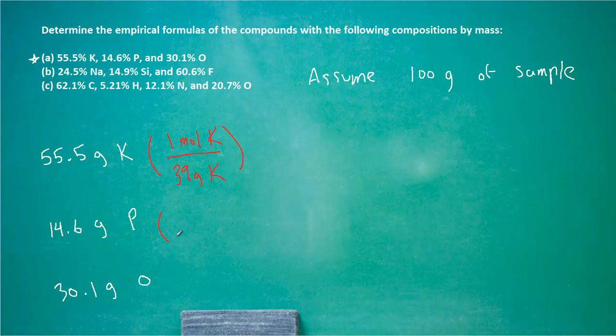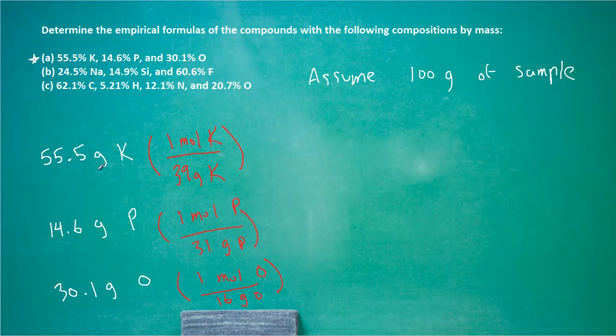Similarly, if you look up phosphorus, you should see that 1 mole of phosphorus is approximately 31 grams. For oxygen, we see that 1 mole of oxygen corresponds to approximately 16 grams of oxygen.